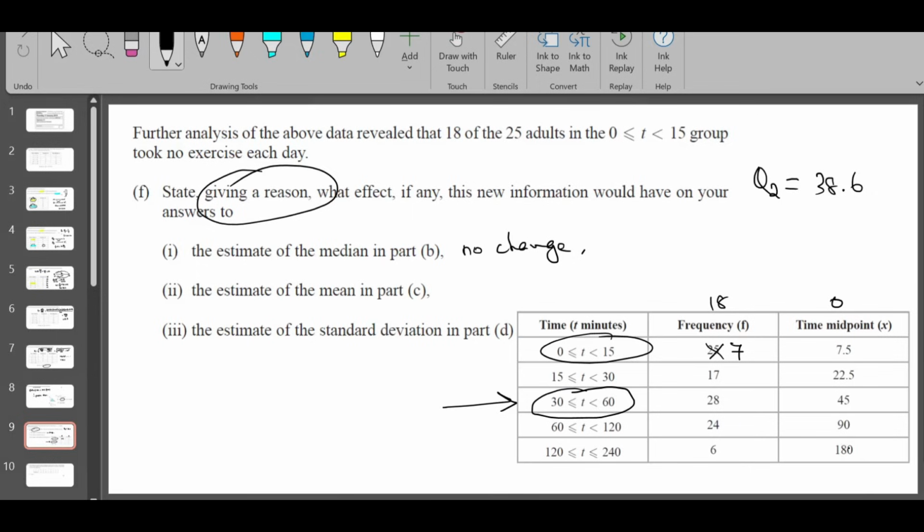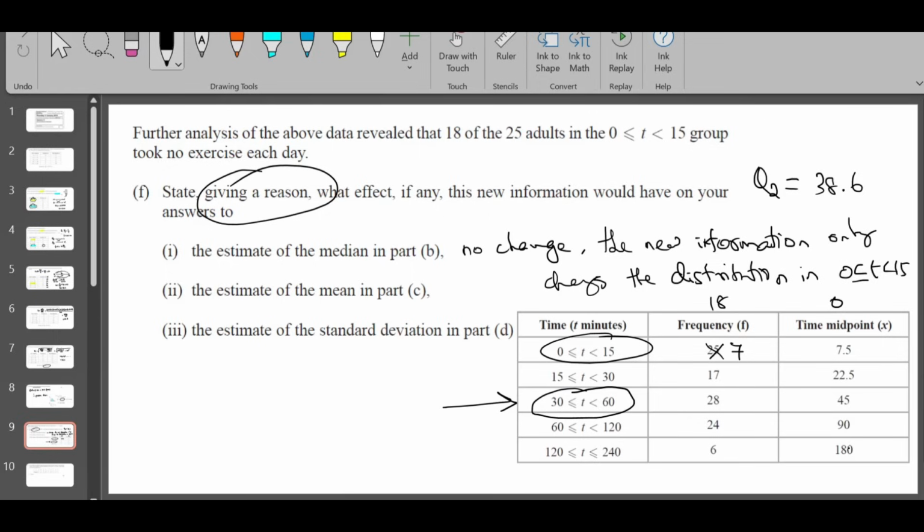So you should write the reason as: the new information only changes the distribution in 0 to 15, correct?